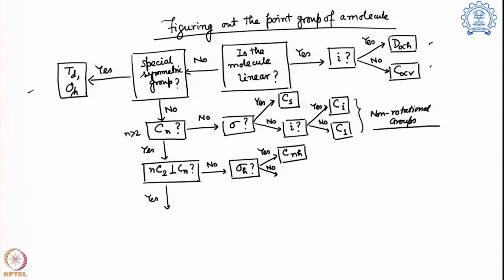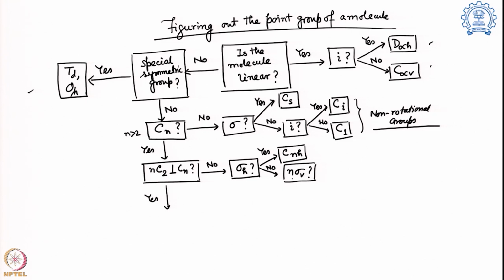And if this molecule does not have a sigma h, the next question I ask: do you have a number of sigma v's present? Because if the molecule has a principal axis of rotation Cn, n is the integer which comes from 360 degrees divided by the angular rotation which allows us to achieve a superimposable and indistinguishable configuration.